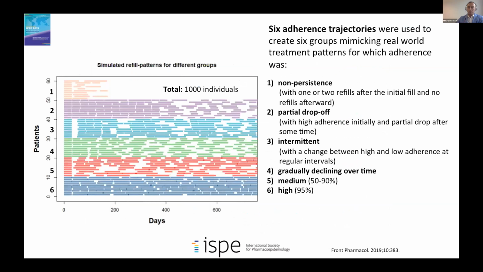We wanted to assess how good this method was, and we did it using both simulated data and real-world data. We used group-based trajectories to create and simulate 100 individuals with 6 different adherence patterns: individuals that were non-persistent, group 1; individuals that had a very high adherence at the start but then dropped, group 2, partial drop-off; then individuals that were intermittent, which means that they alternate periods of good adherence with bad adherence; and then individuals that had adherence that gradually declined over time, high and medium adherence.